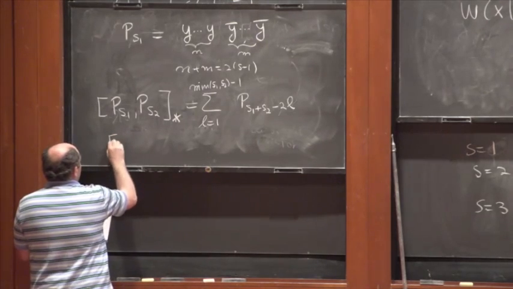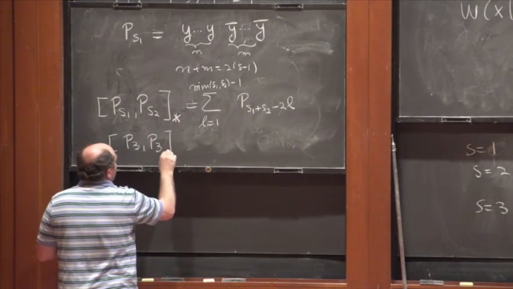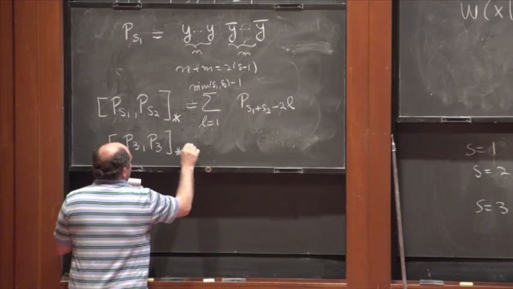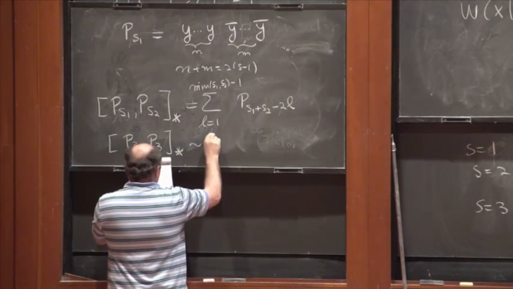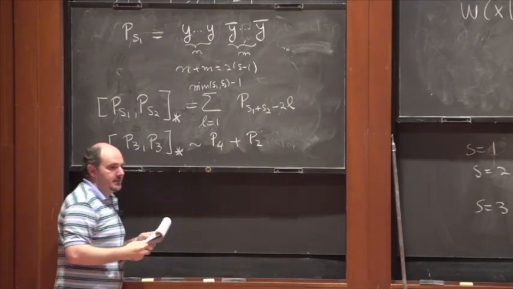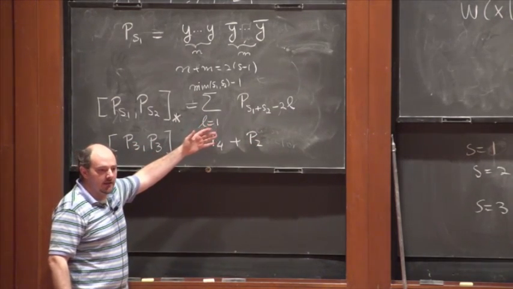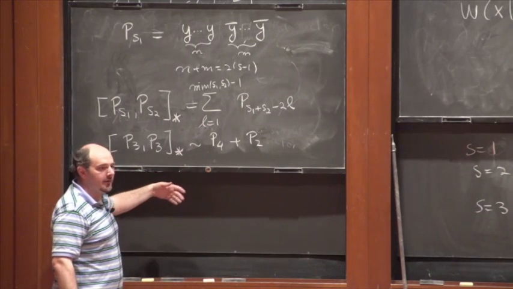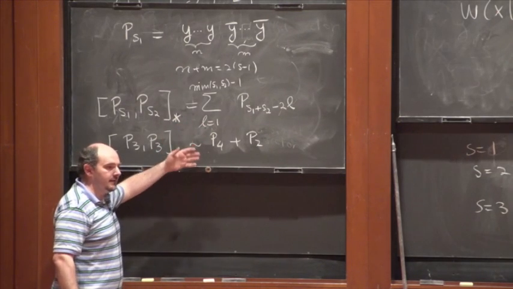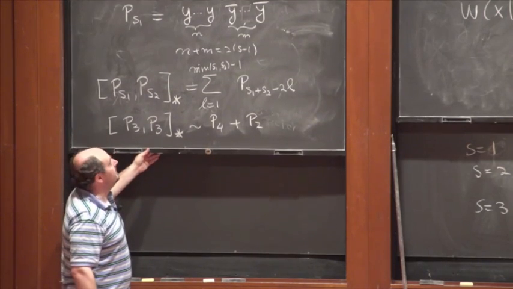For example, if you take a star commutator of a 2 with a spin 3 object, you will get P4 plus P2. So you generate a spin 4. So if you have spin 3, you have to have spin 4. And you can go on. If you have spin 4, you have to have spin 6. And the algebra does not close unless you include all of them.